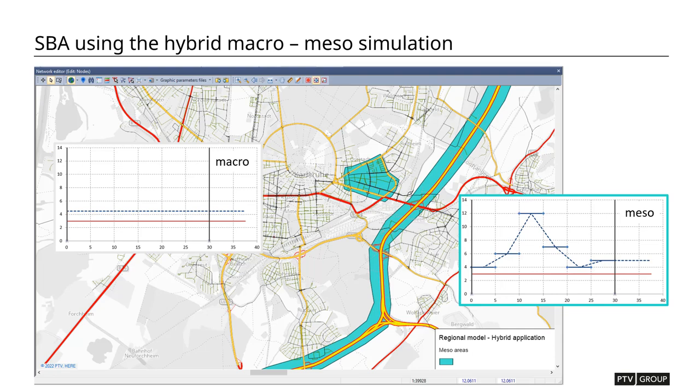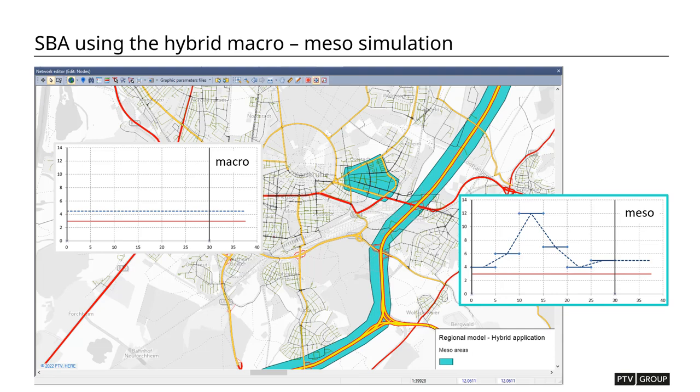Both approaches lead to so-called travel time functions. These are generated for each of the network objects, so for links and turns in the corresponding area. On the x-axis, it shows the assignment period, and on the y-axis, the travel time for the corresponding network object.